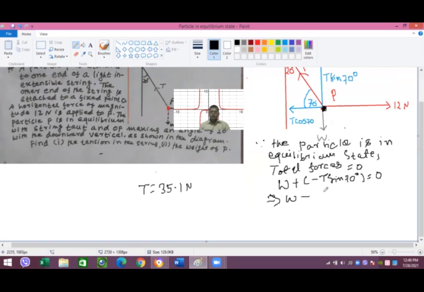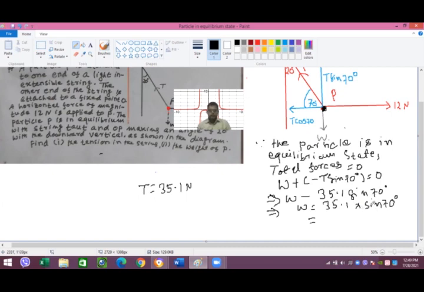So you can write W minus, because positive times negative is minus here, the value of T, which is 35.1 Newton, times sine 70 degrees. That gives you W equals 35.1 times sine 70 degrees. Take your calculator in degree mode and calculate it.